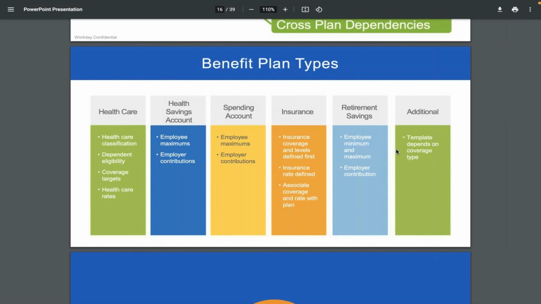And then additional plans. Additional plans means something like pet insurance, metro train ticket, cafeteria benefit, gym payment. Some employers will give such benefits to their employees, or a mobile purchase amount.